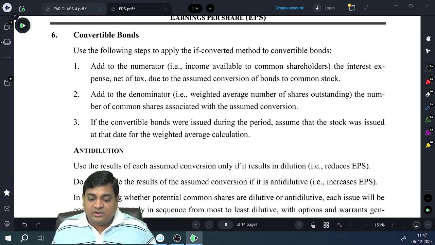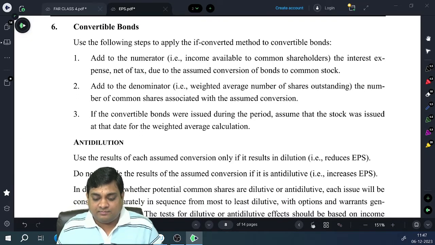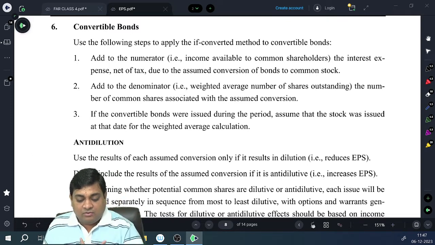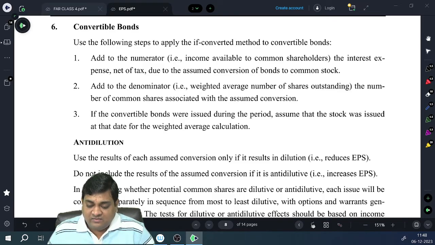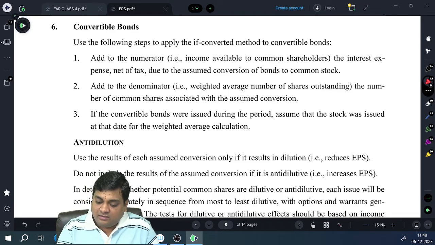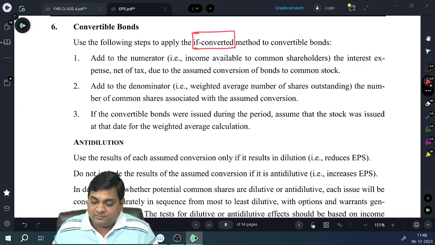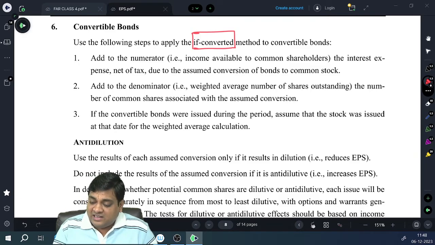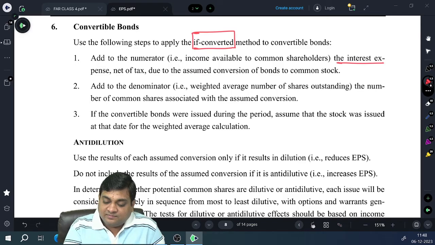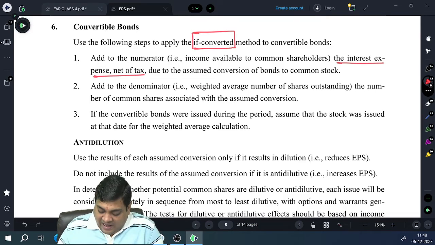Now simply we'll do it for convertible bonds the same way, right? We have already done it in the case of convertible preferred stock. In the same way we will do it again here. If converted, we won't be paying any more interest, so that is the saving, but we need to consider it net of tax.